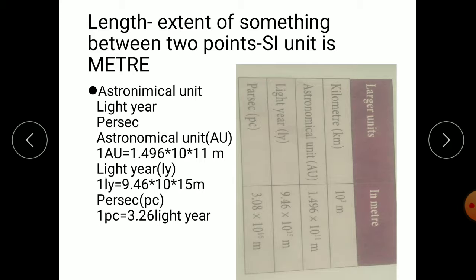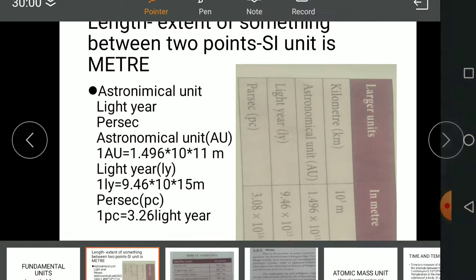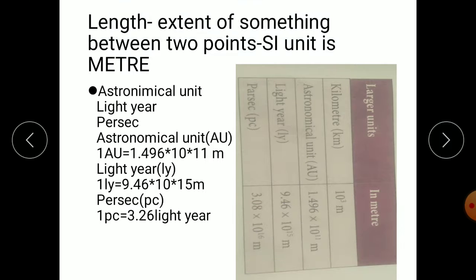So light year and astronomical units are used to measure distances within the solar system, but the parsec is used to measure the distance between objects outside the solar system. Here 1 PC is equal to 3.26 light year.